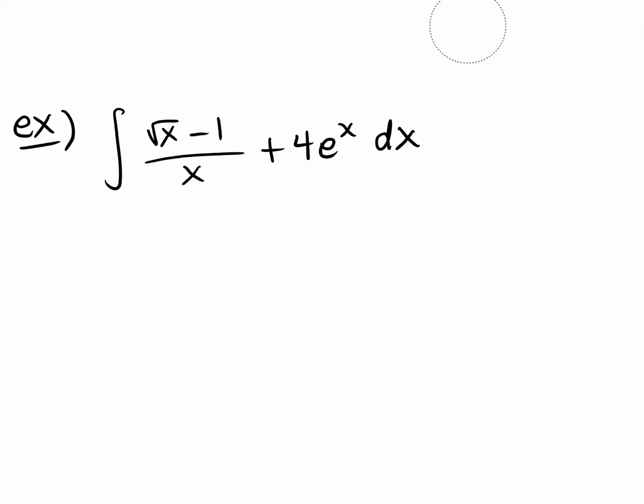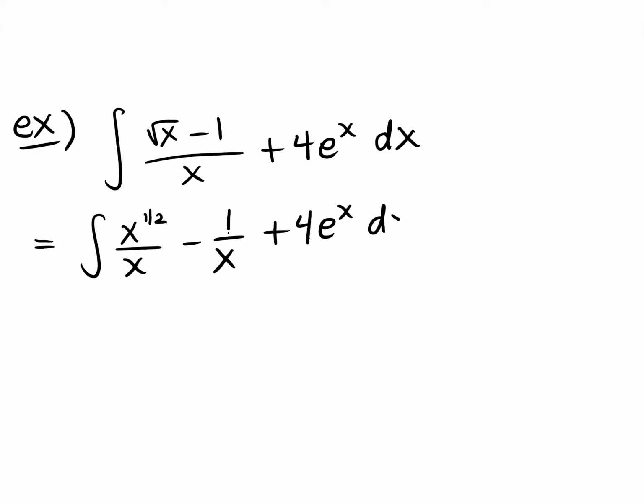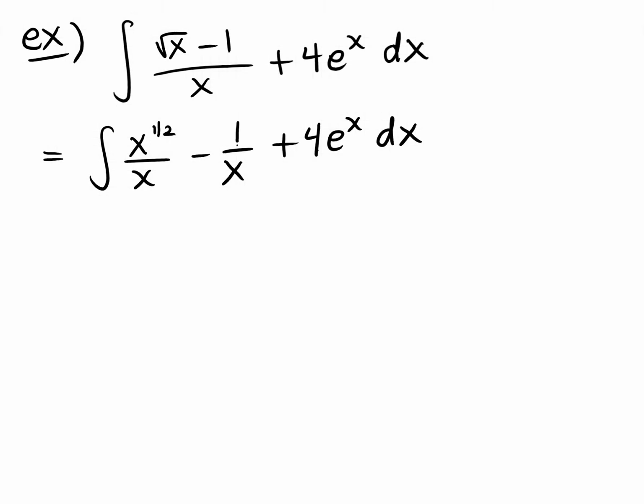So what I'm going to need to do is simplify this a little bit. So what is this going to equal? This is x to the 1/2 over x. Now I'm dividing by each one. Sometimes I bring it up as x to the -1, sometimes I don't. Let me tell you why I didn't bring that up as x to the -1. Because I know that x to the -1 you may not use the power rule on. And I can see right here when I divide that 1, I'm going to get a 1 over x.